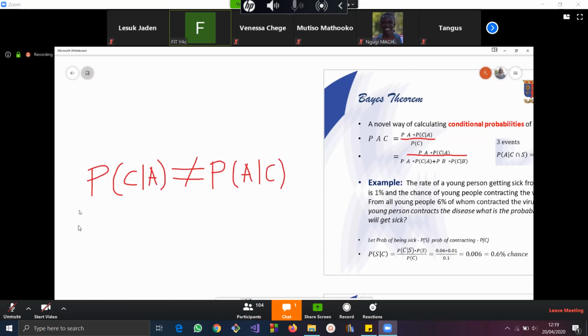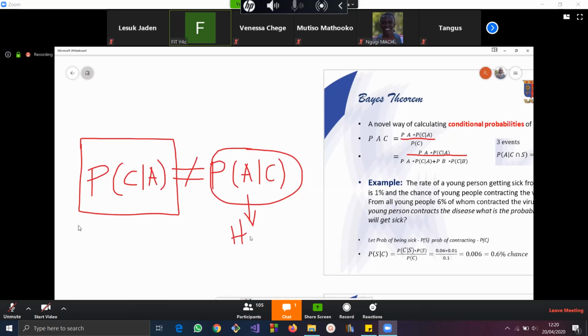This one is found in our tree diagram, or it's given to us. This one we were not able to compute for years. This is what we call hidden data in this case. So Bayes' theorem is a way to calculate this conditional probability.